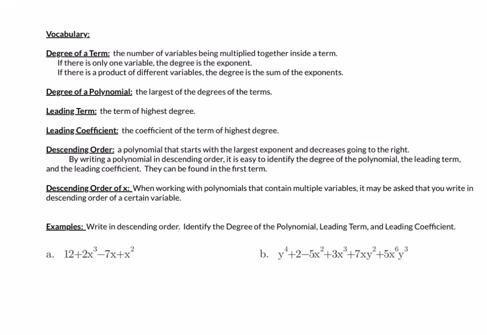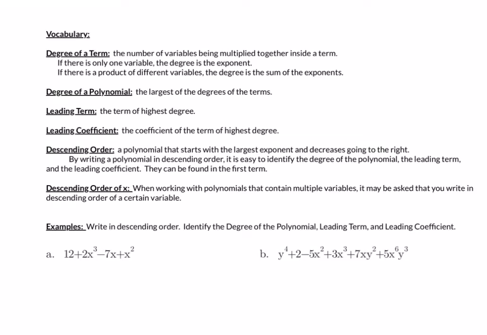So if there's only one variable or one type of variable, the degree is just the exponent. X cubed is actually 3 x's being multiplied together. If there is a product of different variables, the degree is the sum of the exponents. Now we are going to have to do that for every single term that is inside our polynomial.